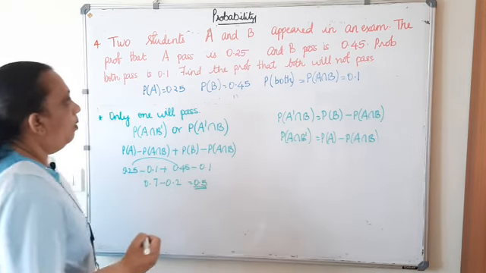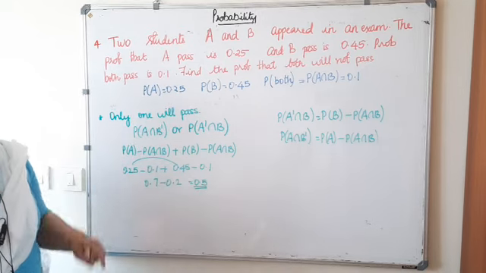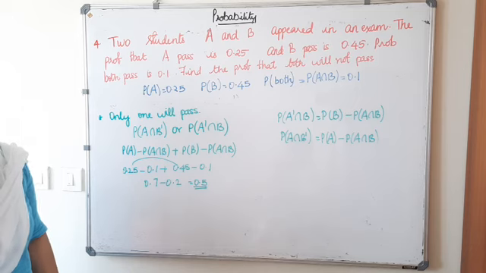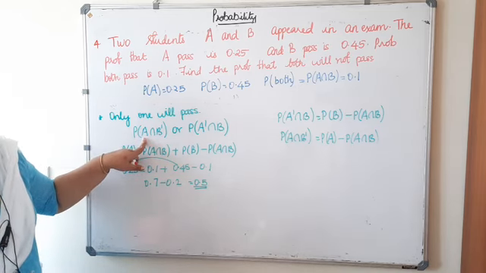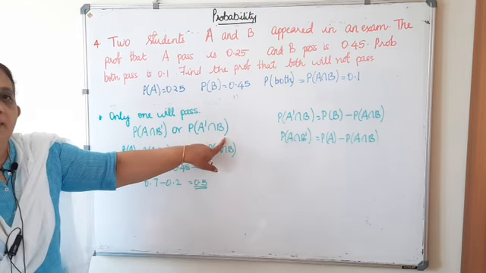So add these two, you get 0.7 minus 0.2, which is equal to 0.5. Find the probability that only one will pass the examination. We don't know whether A or B. So, when A passes the examination, B will not pass. Or another condition is, when A will not pass, B passes.